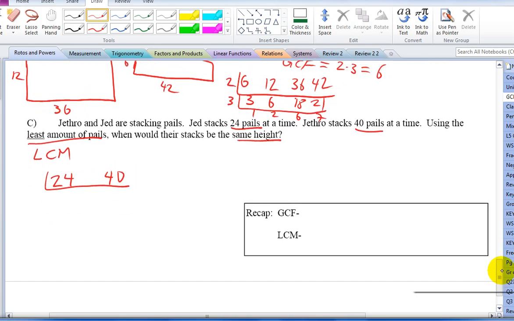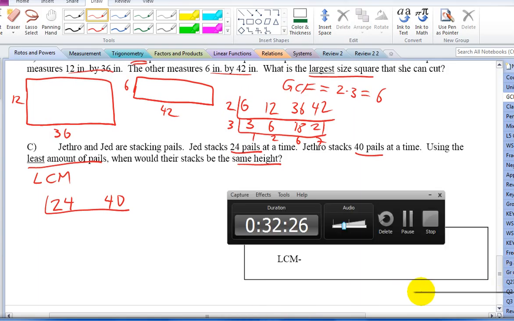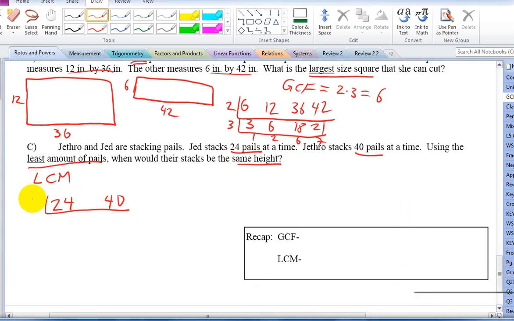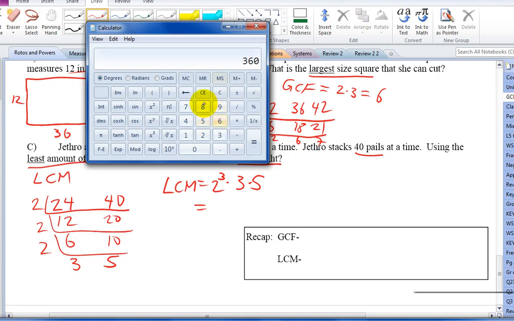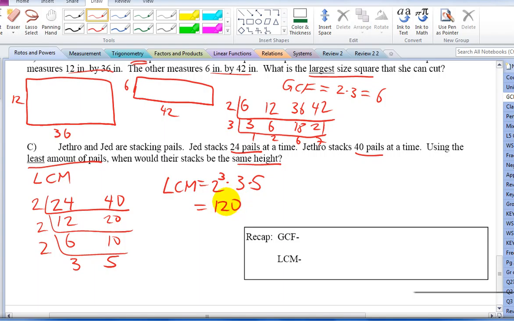Go. So 120. So there would be 120 pails.